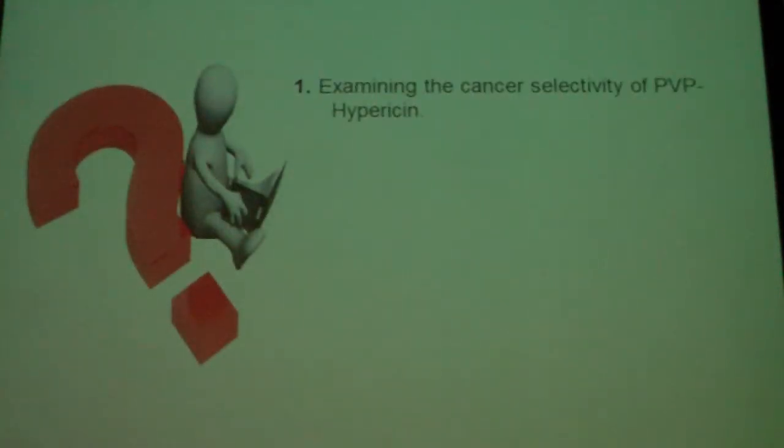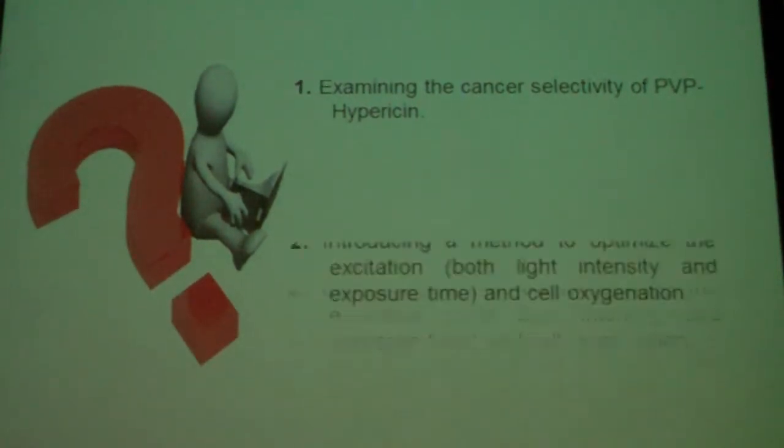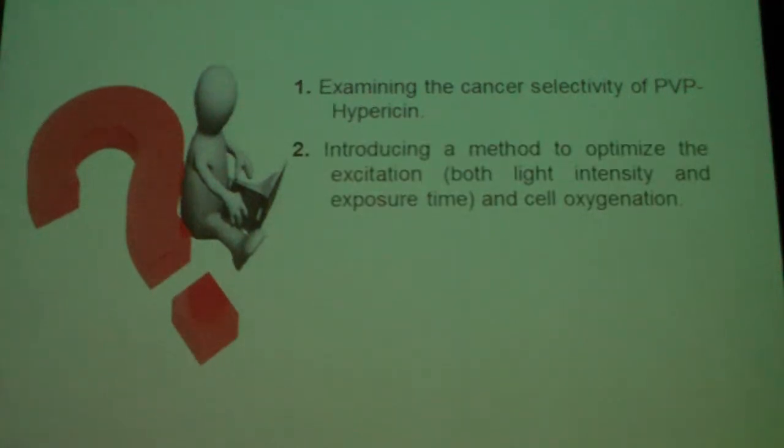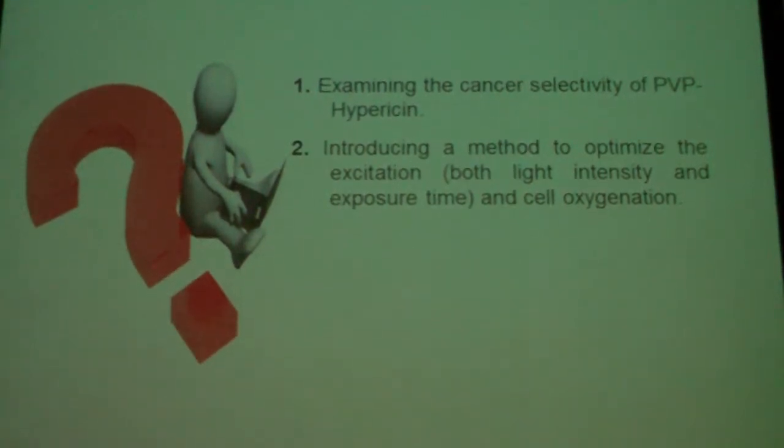What is the aim of the study? The first is examining the cancer selectivity of the drug, which I explained to you. The second is introducing a method to optimize the excitation via irradiance, exposure time, and cell oxygenation.